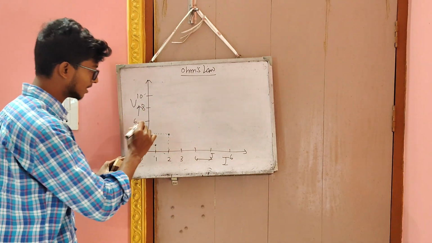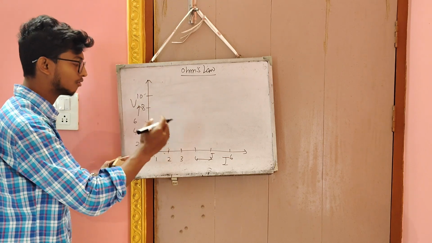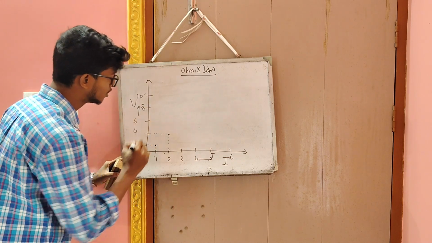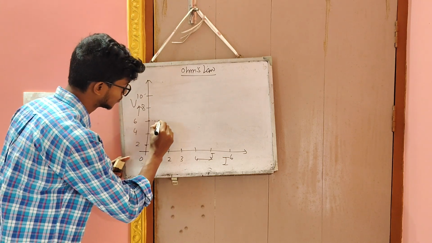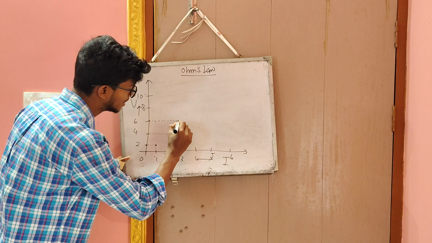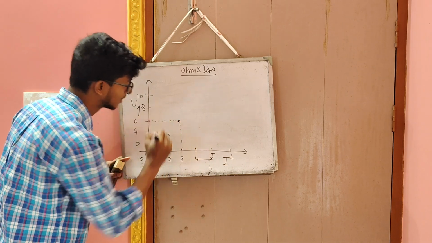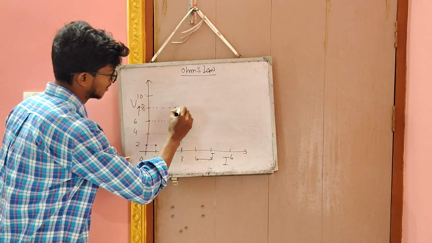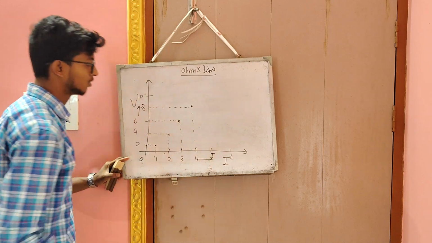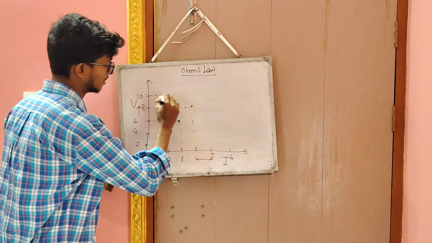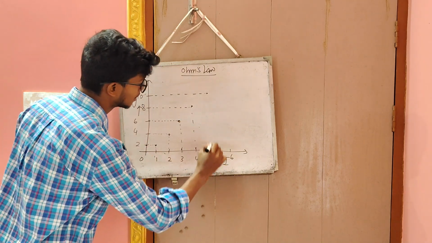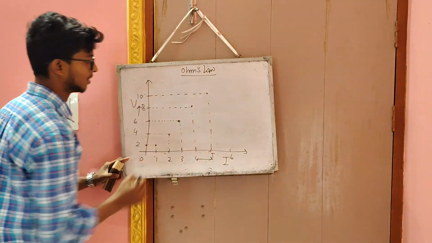In a similar process, we increase the amount of current and voltage. Now we introduce 6 volt. The amount of current flowing through the conductor is 3 ampere. 8 volt, the amount of current flow 4 ampere. This is 10 volt and this is 5 ampere.